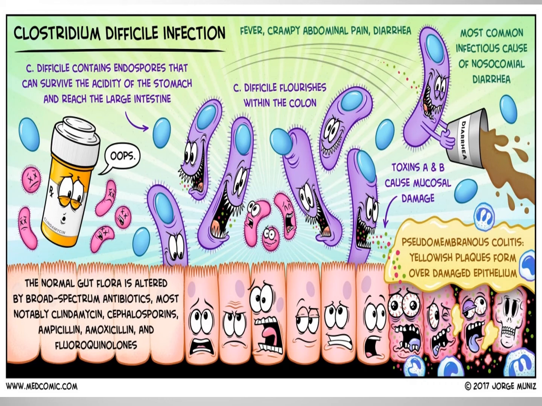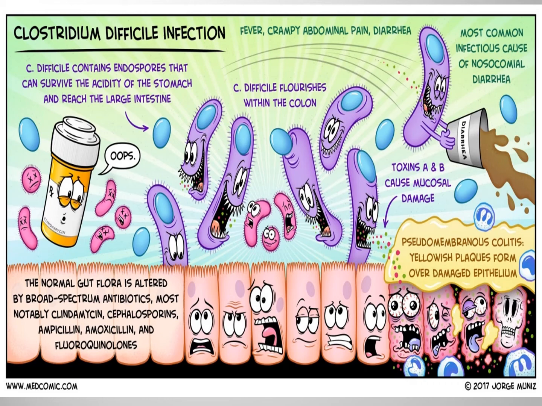There's Clostridium botulinum, which causes botulism. So Clostridium is not a friendly bacteria to humans. C. diff contains spores that can survive the stomach acid. It can actually get into the large intestine.